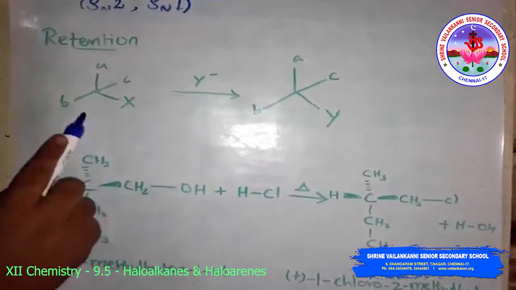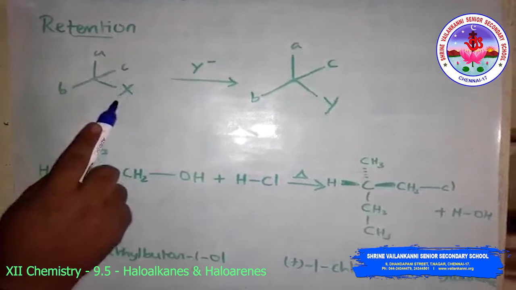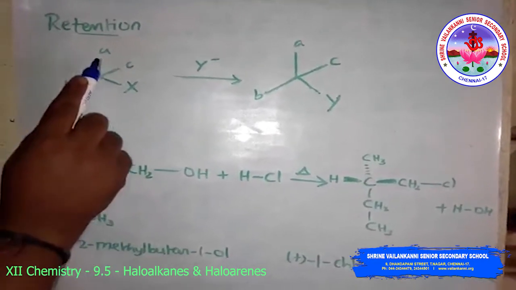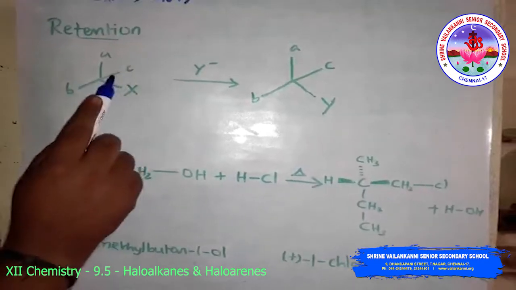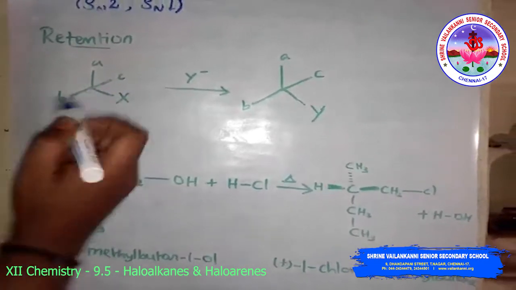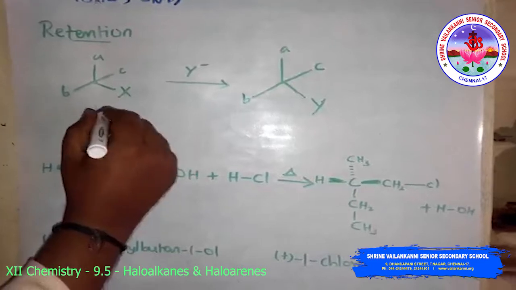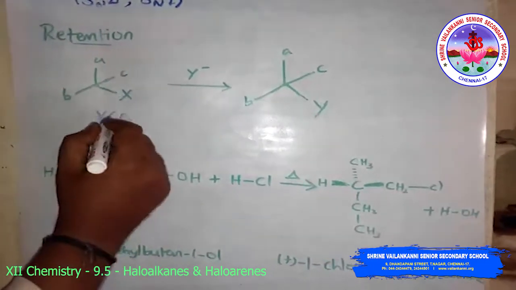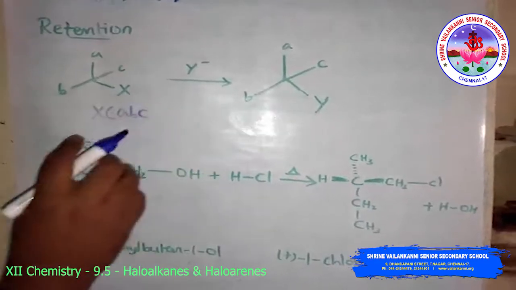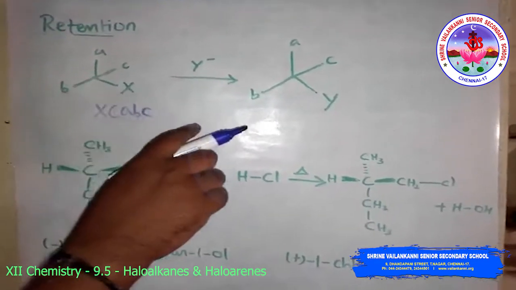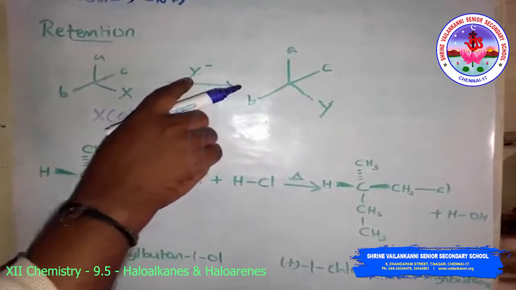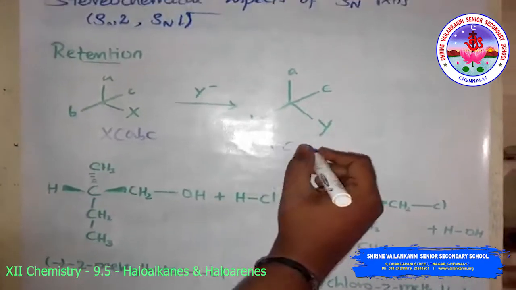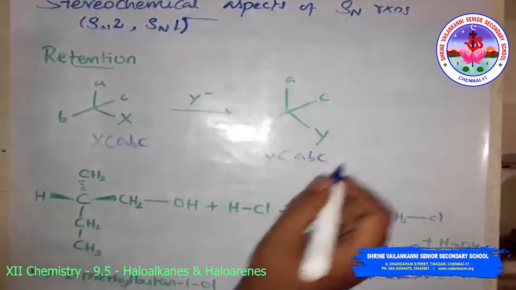So it is also the configurational correlation when a chemical species like XC, A, B, C, that is carbon with A, B, C, is converted by adding a chemical species into YC, A, B, C.